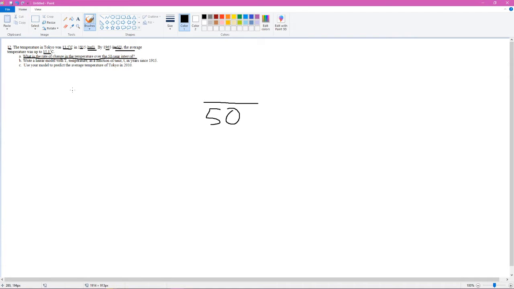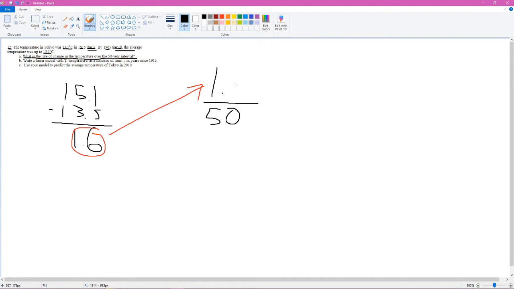So we do 15.1 minus 13.5, and that equals 1.6. And so we're going to put this 1.6 up here.